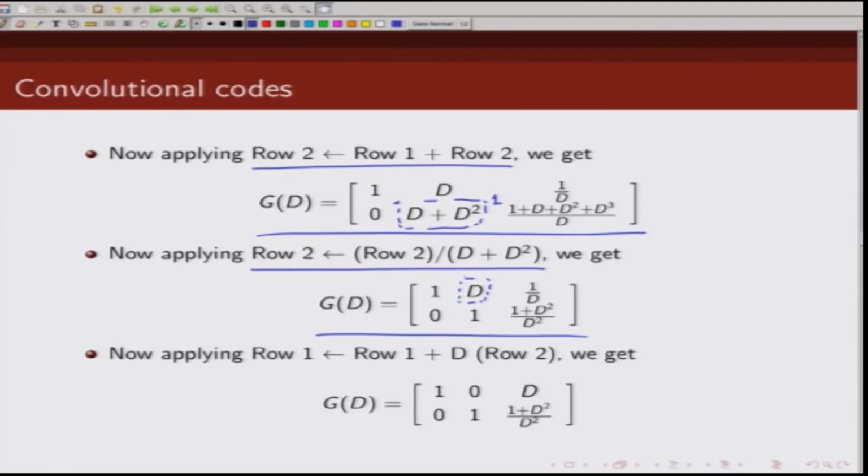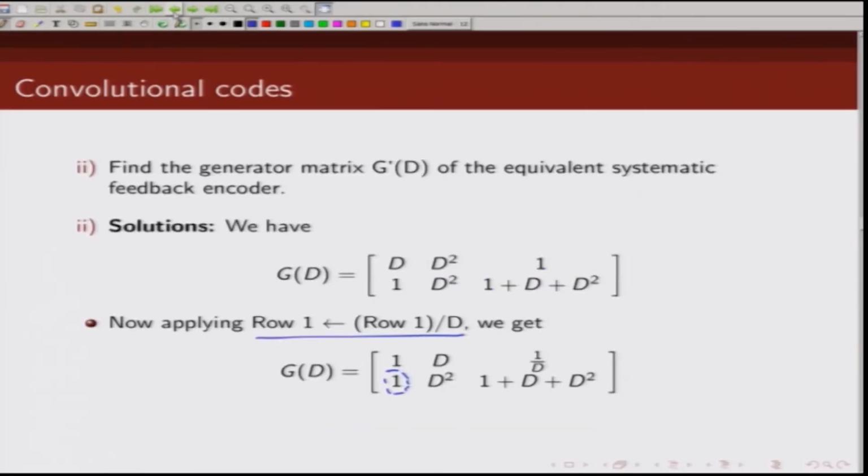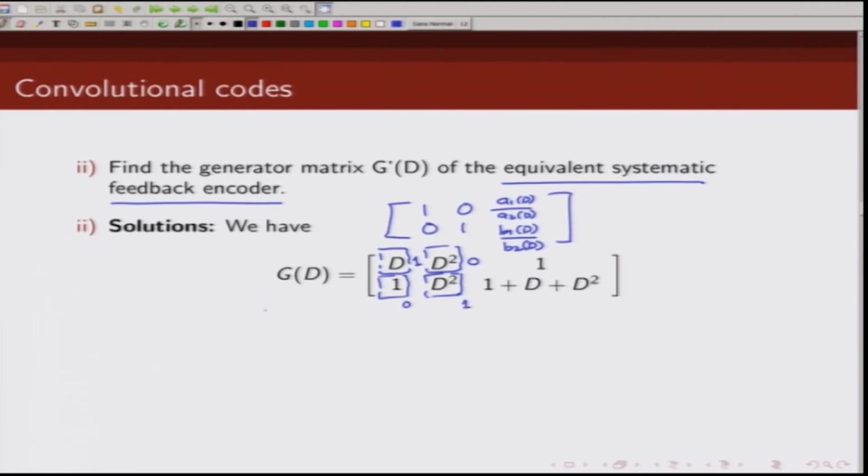We multiply row 2 by D and add it to row 1. So, we do this transformation that row 1 is row 1 plus D times row 2, and when we do that, we get this. So, this is our equivalent systematic encoder for this generator matrix. Okay.